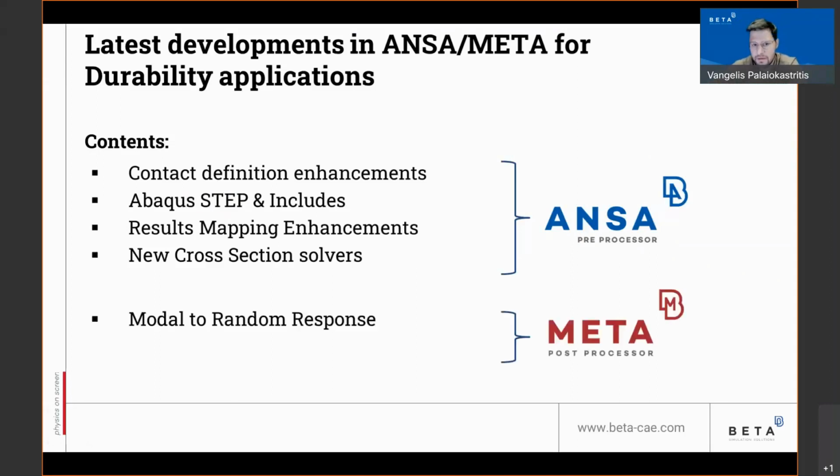Then in META, we are going to see the modal to random response with the use of MetaDB, and the new ODF toolbar, which is the implementation of the Openings Distortion Fingerprint method for the body stiffness evaluation.